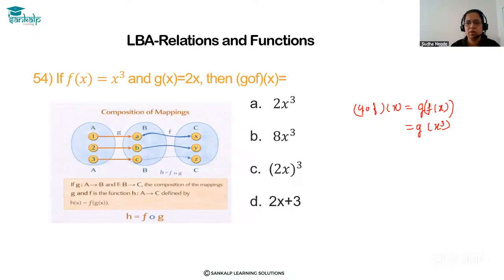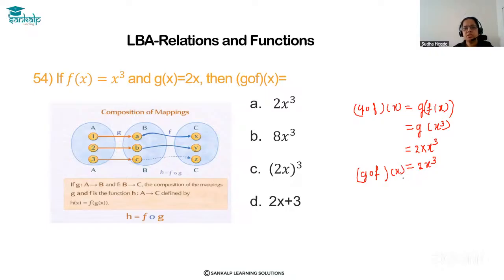Now g of x cube you need to find. But g of x is 2x. Replace x by x cube. So it is 2 into x cube, that is 2x cube. Therefore, g composition f of x is equal to 2x cube.